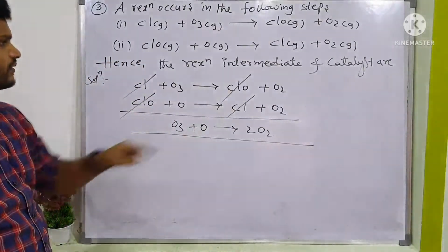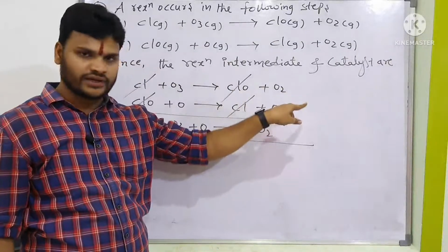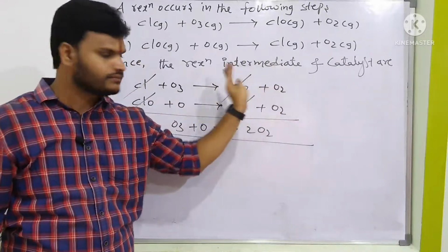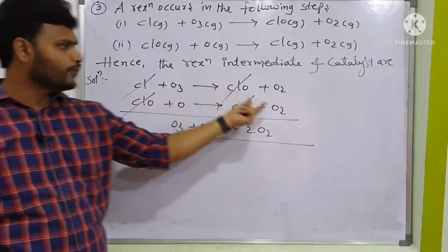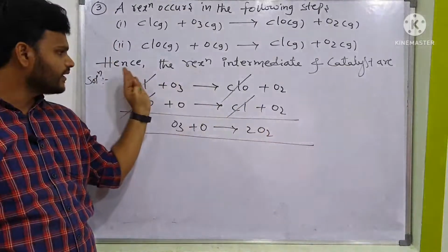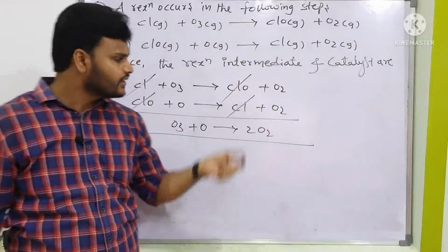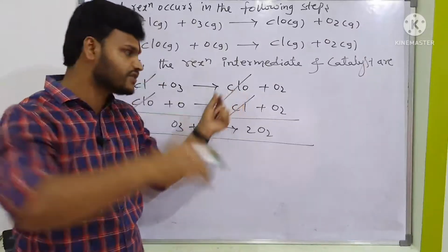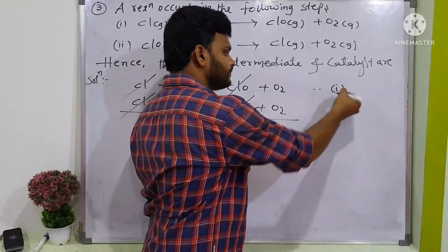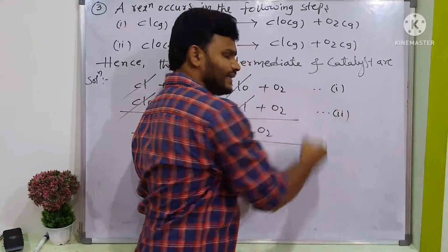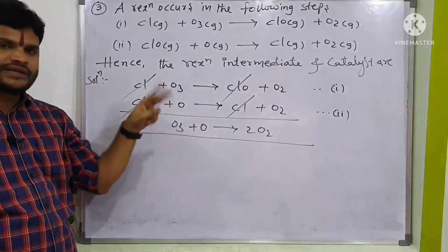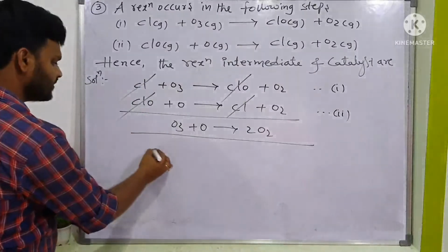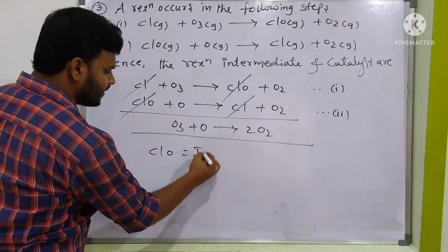इधर ऑब्जर्व करो, ClO फर्स्ट स्टेप में प्रोड्यूस हो गया. राइट साइड बोले तो प्रोडक्शन, लेफ्ट साइड बोले तो रिएक्टेंट्स, लेफ्ट साइड reactants, right side products. So ClO produced in first step, this is first step and this is the second step. ClO produced in first step and ClO consumed in second step. That's the reason ClO is intermediate.